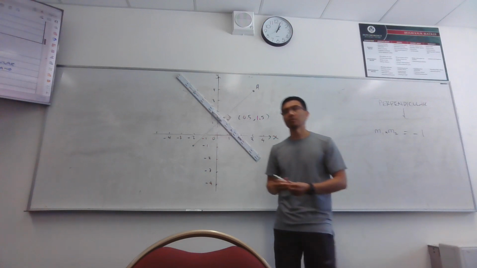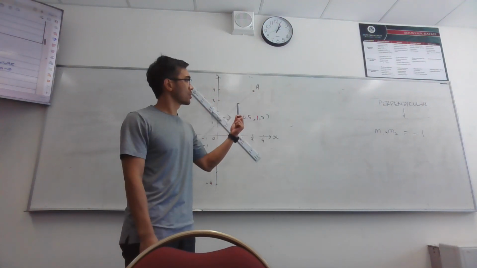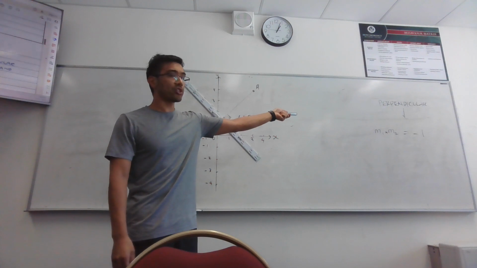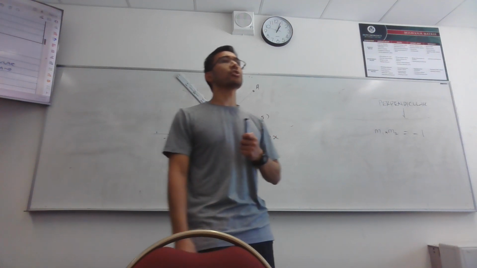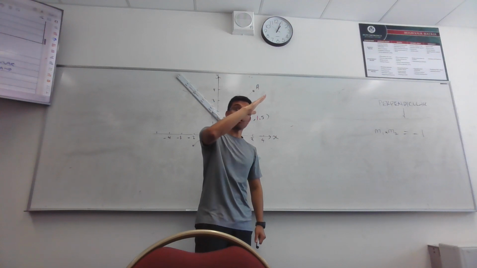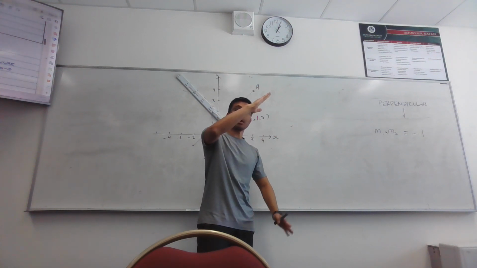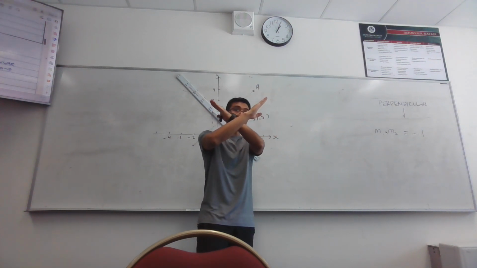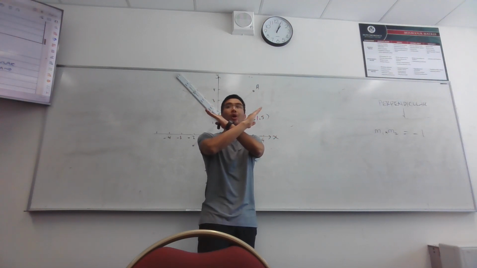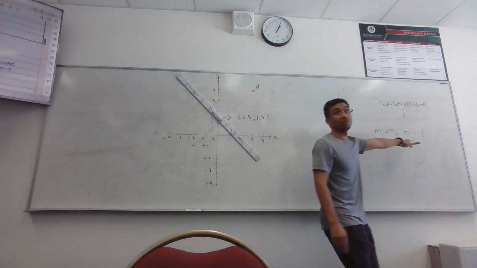Thank you, Perry. So, this equation simply means, boys, if I figure out the gradient of one and I figure out the gradient of the other, if they're 90 degrees, those two gradients, when I multiply them, will always equal -1.